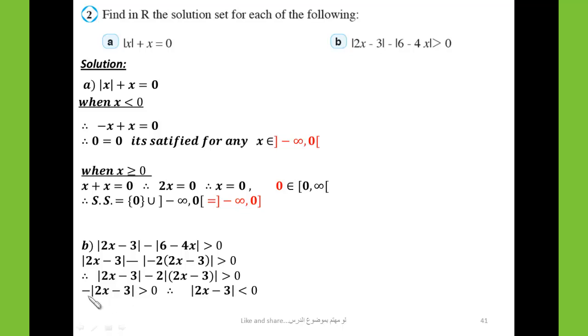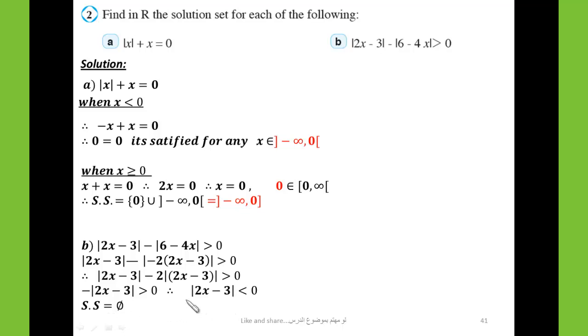Multiplying both sides by negative 1, so we have absolute of 2x minus 3 less than 0. We will change the direction of the inequality. Instead of greater than, it will be less than. And we solve this inequality to be phi. Solution set equals phi.